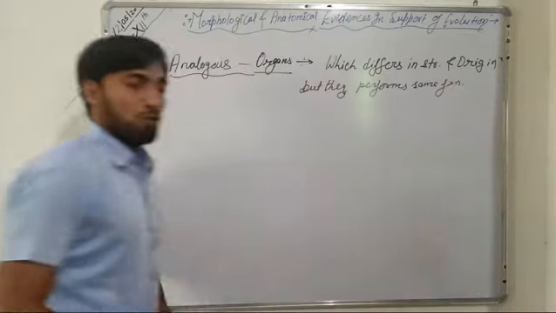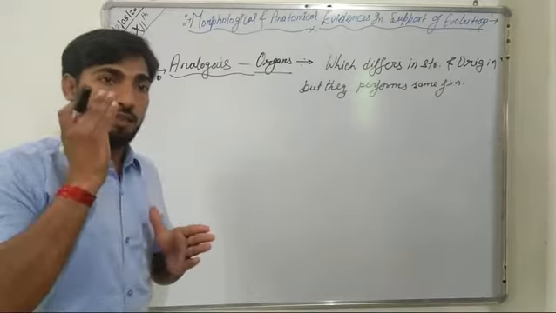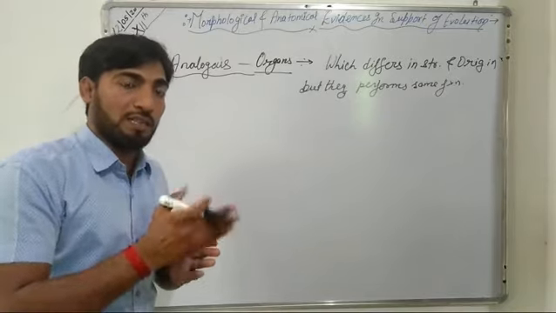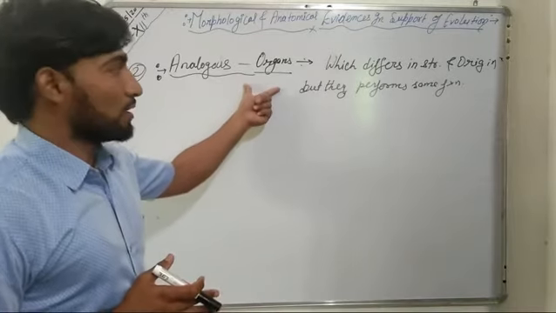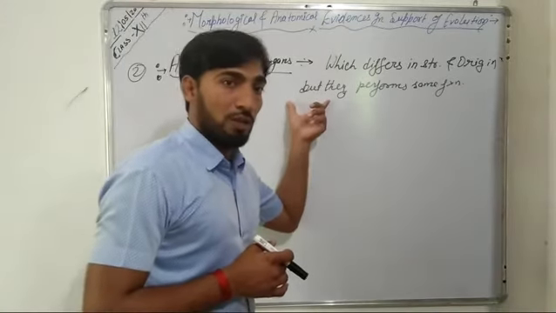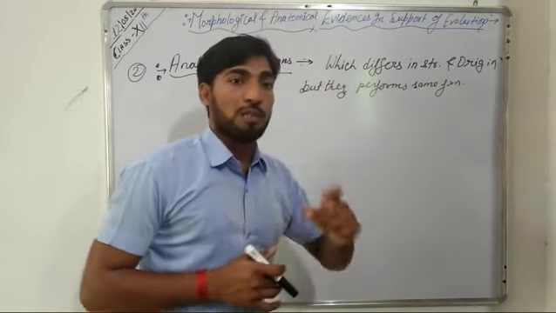So those organs which perform the same function, but are different in their structure and origin, are known as analogous organs.